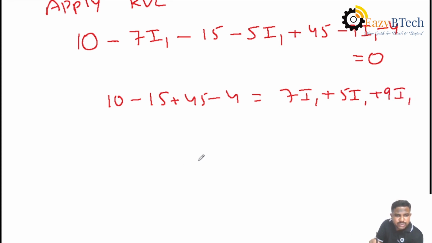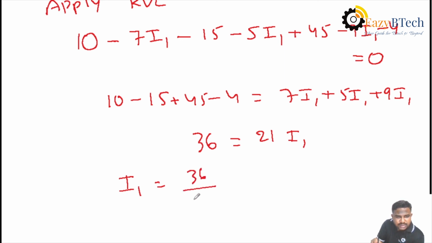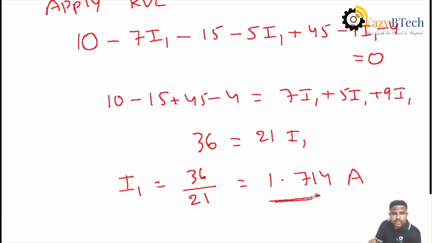Then the equivalent values: 36 equal to 21 I1. Therefore, the required response I1 is 36 by 21, then the value is 1.714 amperes.